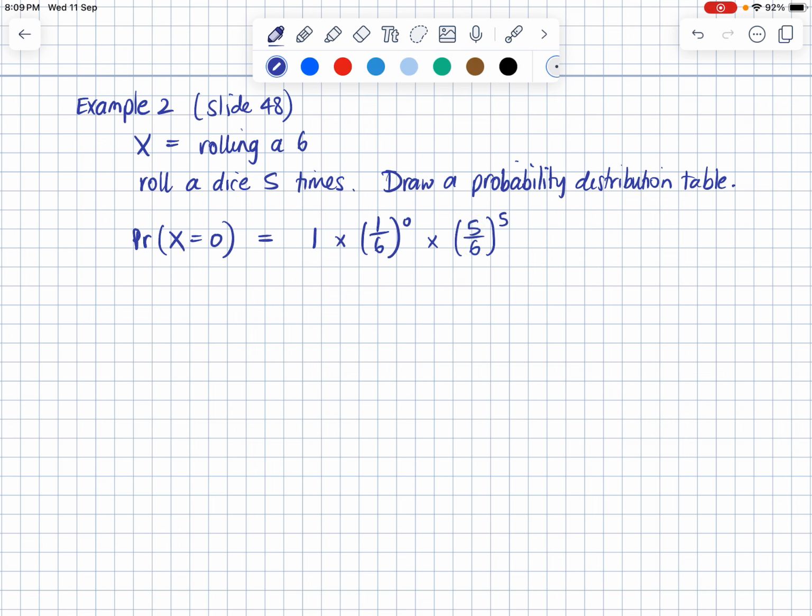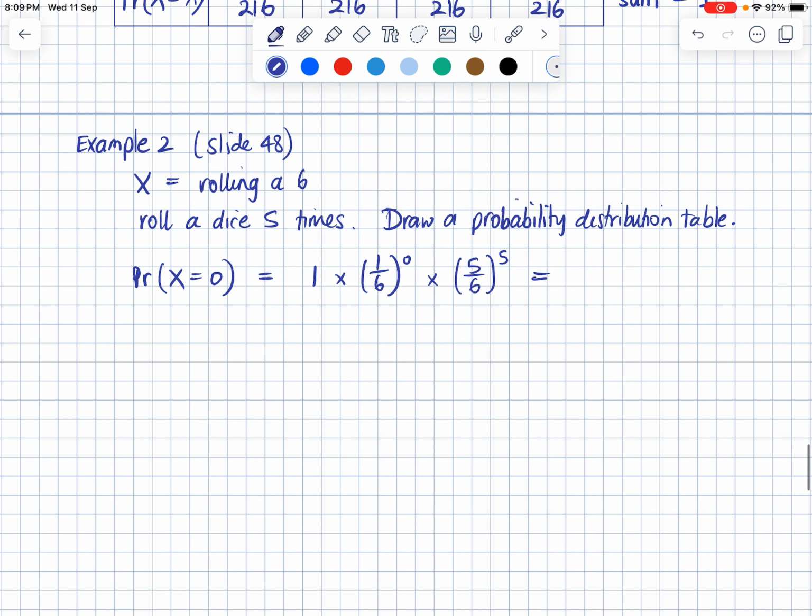And when you do that on the calculator, because let's not do it by hand, you're going to get an answer that is, I've got to try and remember now, 3,125 over 7,776. Now I'm going by memory, so sorry if that's wrong.